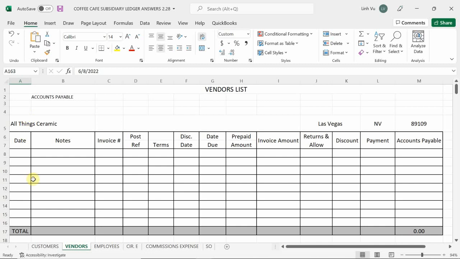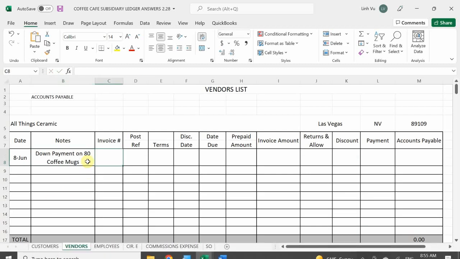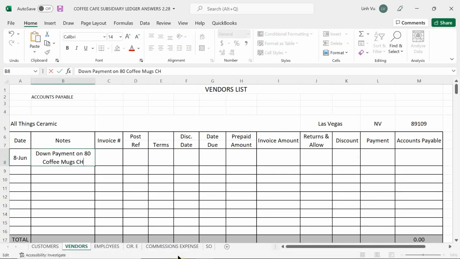All Things Ceramics should be the very first vendor on here. You could say down payment on 80 coffee mugs, and what was your proof of your transaction?